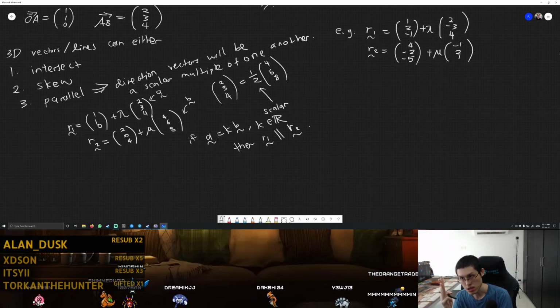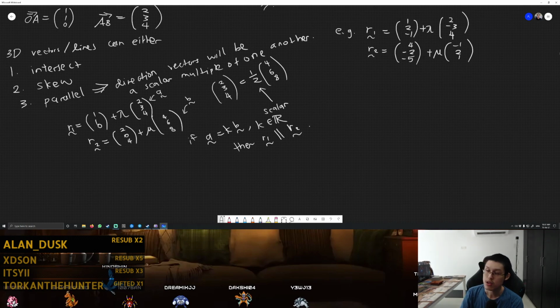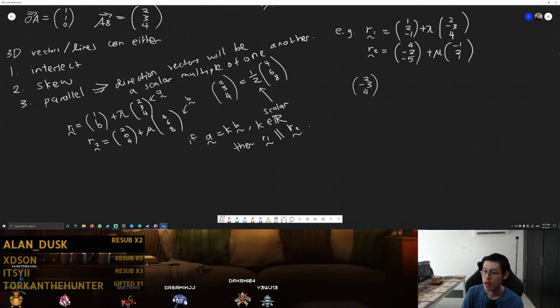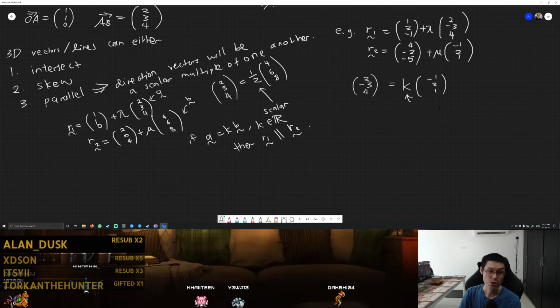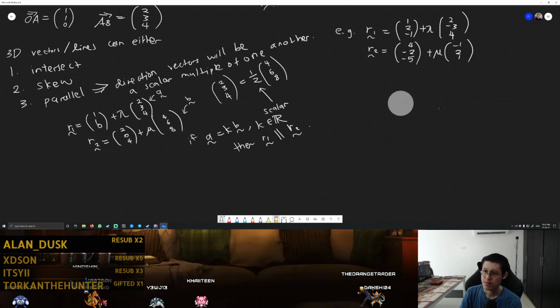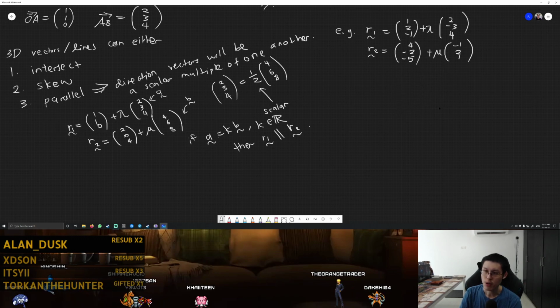First thing is you check whether they're parallel. If you look at the two direction vectors, (2, -3, 4) and (-1, 2, 1), can you put a value of k such that the left side becomes equal to the right side? The answer is no, you can't. Just by looking at it, you know you can't. Therefore, we know it is not parallel.